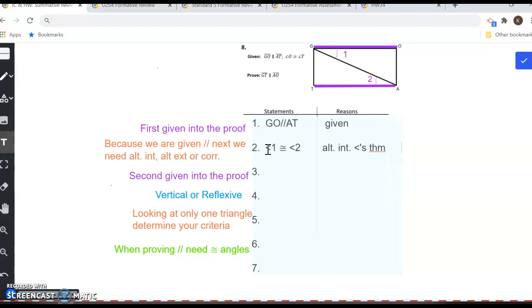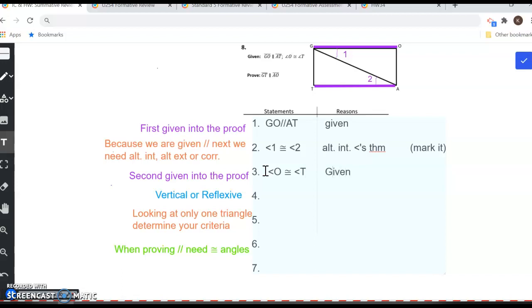I don't know if you're as bad about it as me, but I get so excited because I'm ready for the next one and I just keep rolling, and sometimes I forget to mark it. Now those are already marked for me, so I can go ahead and move on to the next step, which is my next piece from the given. So I've got angle O is congruent to angle T.